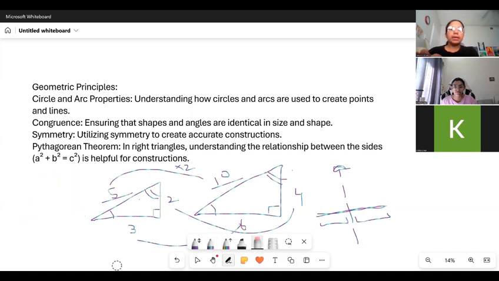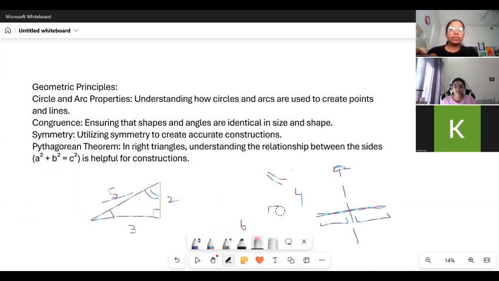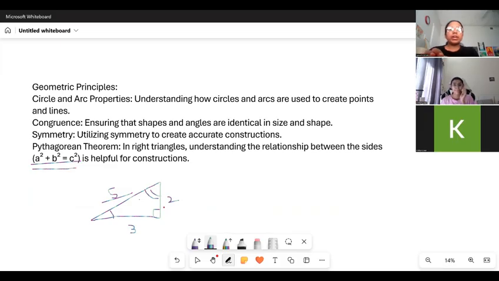And then let's look at something at the very last. I'm just going to take the example we already have here for Pythagoras' theorem. This is a really fun theorem. I really love it, and in high school you'll use it way more than you think. So in right triangles, the relationship between the sides is a squared plus b squared equals c squared.